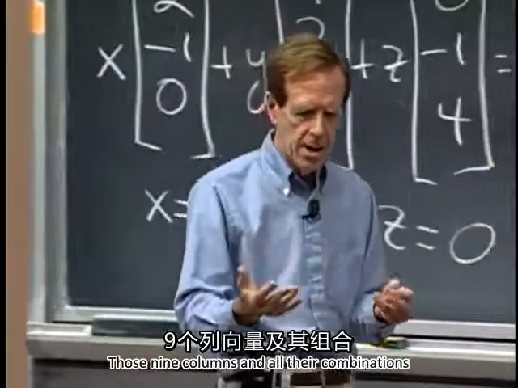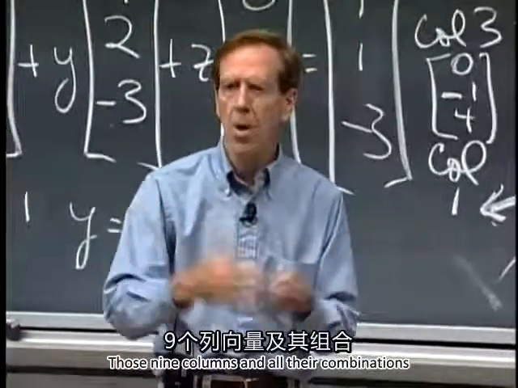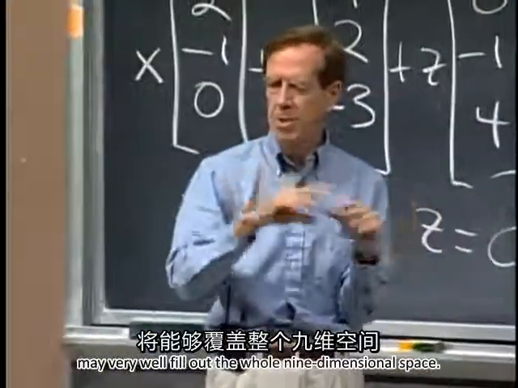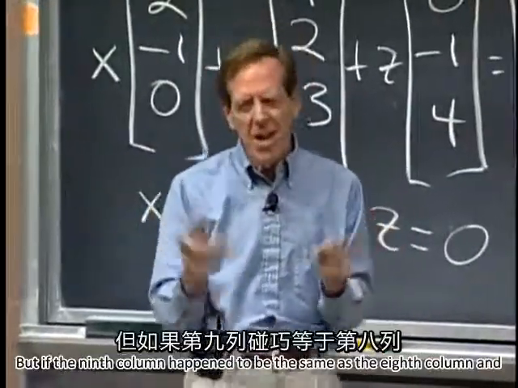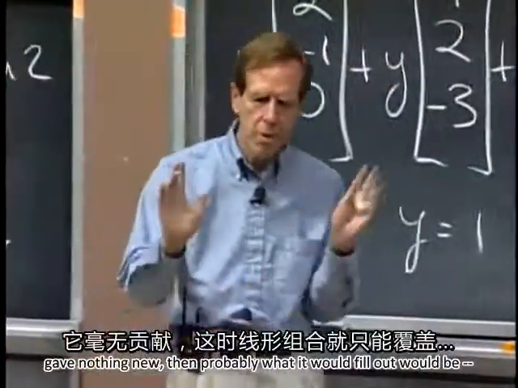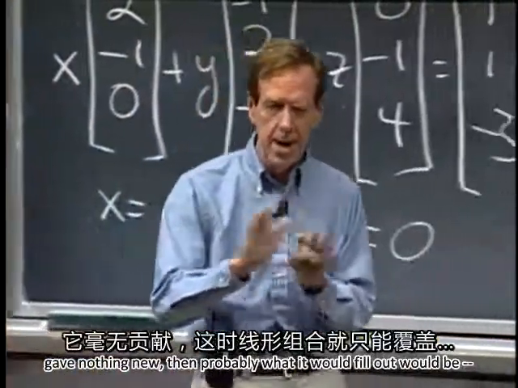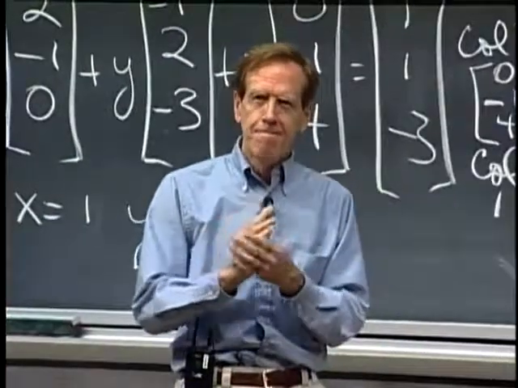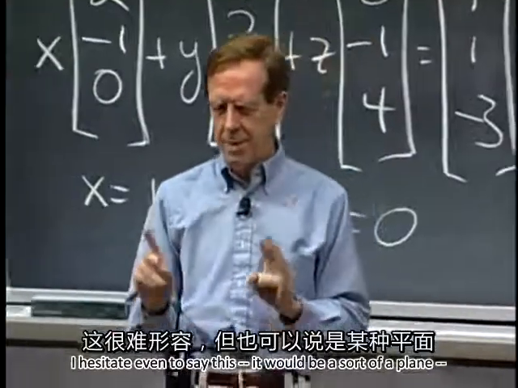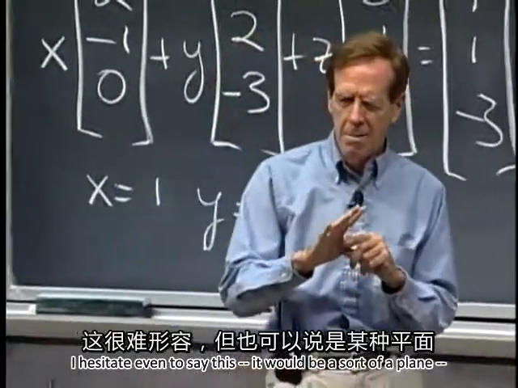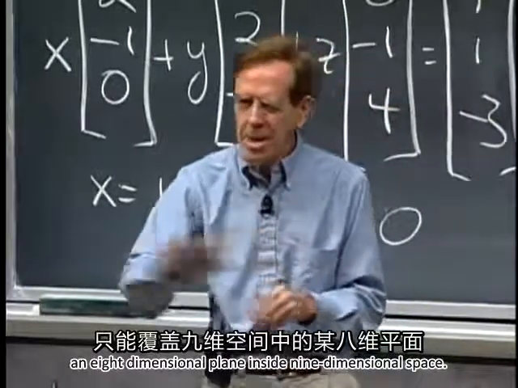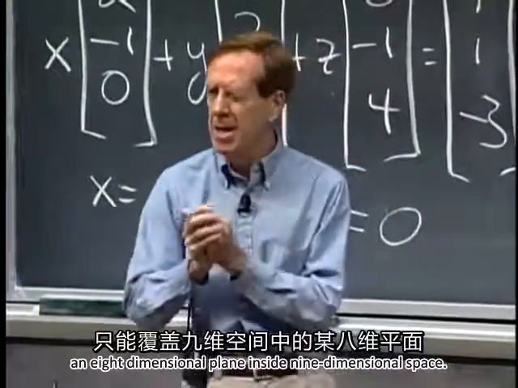Those 9 columns and all their combinations may very well fill out the whole 9-dimensional space. But if the 9th column happened to be the same as the 8th column and gave nothing new, then probably what it would fill out would be, I hesitate even to say this, a sort of plane, an 8-dimensional plane inside 9-dimensional space.